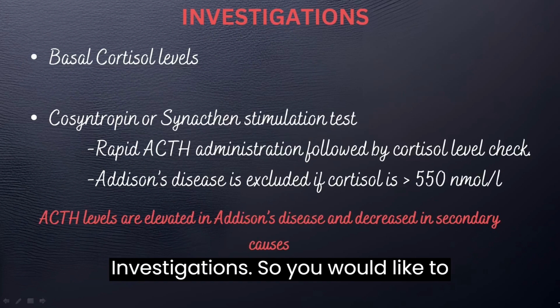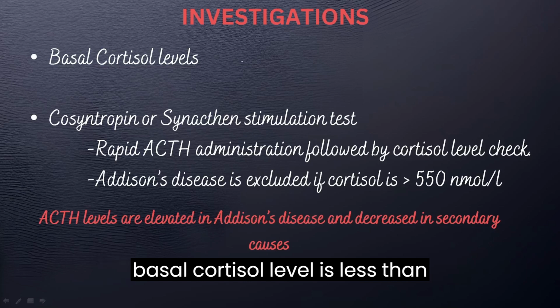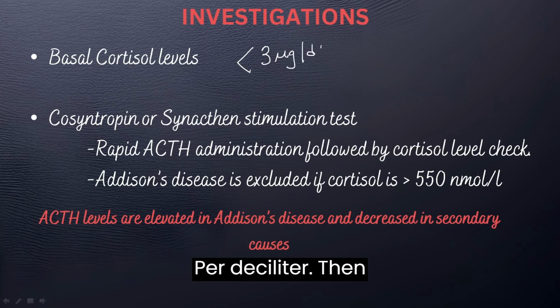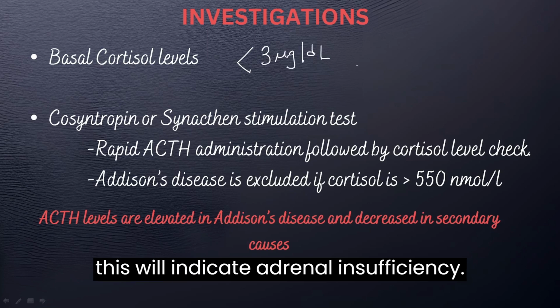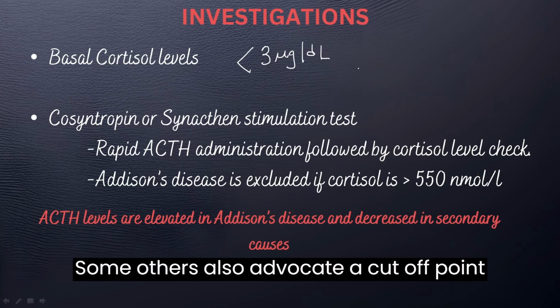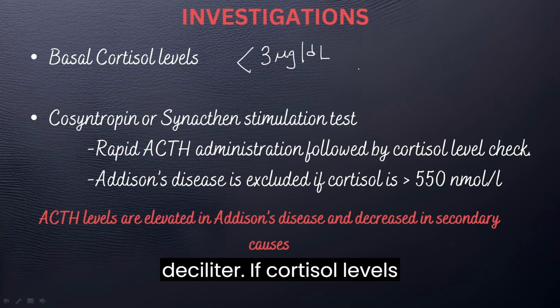Investigations. So, you would like to obtain a basal cortisol level, and if the basal cortisol level is less than 3 microgram per deciliter, then this will indicate adrenal insufficiency. Some authors also advocate a cutoff point of less than 5 microgram per deciliter.